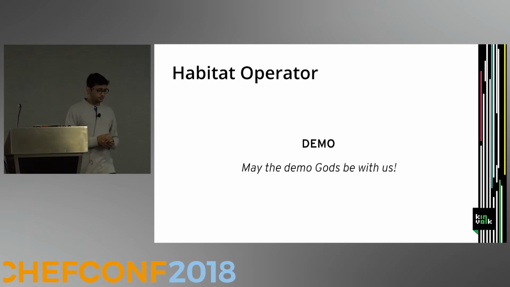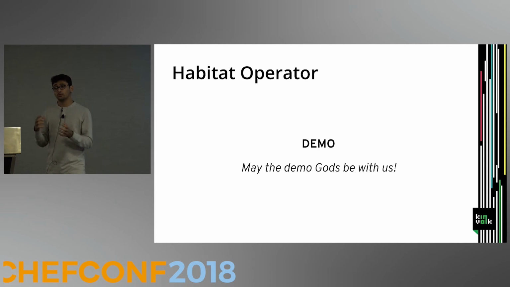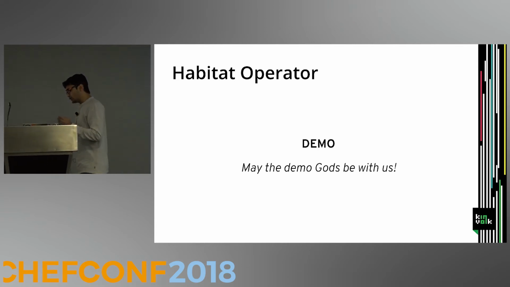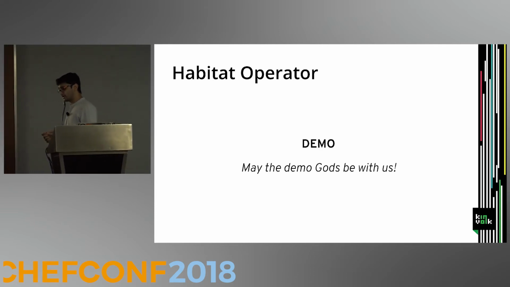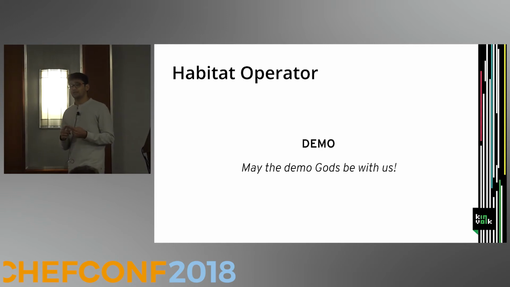Right. So if you were to run habitat applications inside Kubernetes, you will need to do a lot of manual stuff today. For example, you export the Docker image, and then you want to run it. But to bring the features of habitat itself, for example, the supervisor ring, which is especially useful for things like leader election.